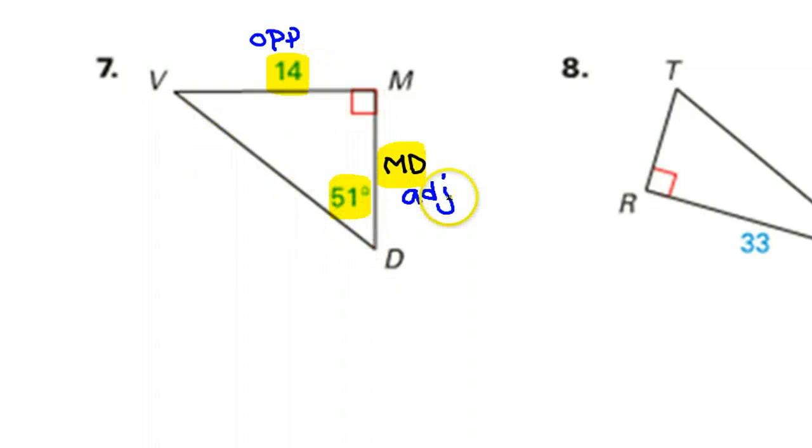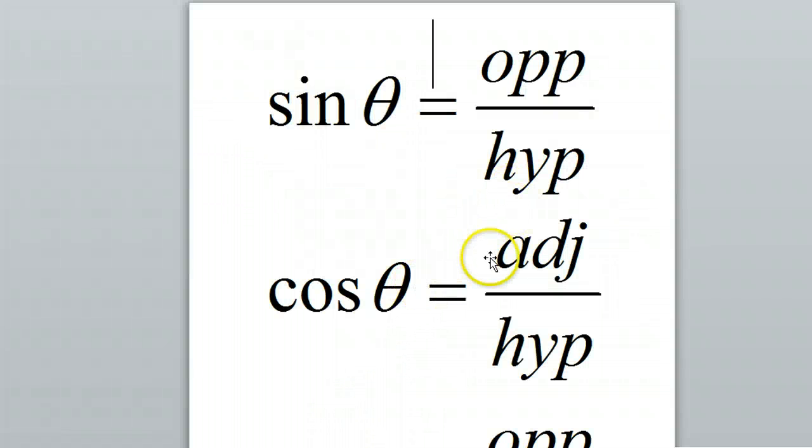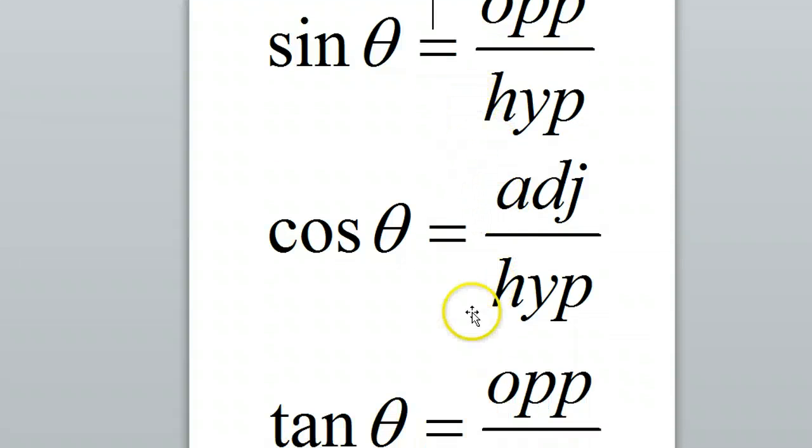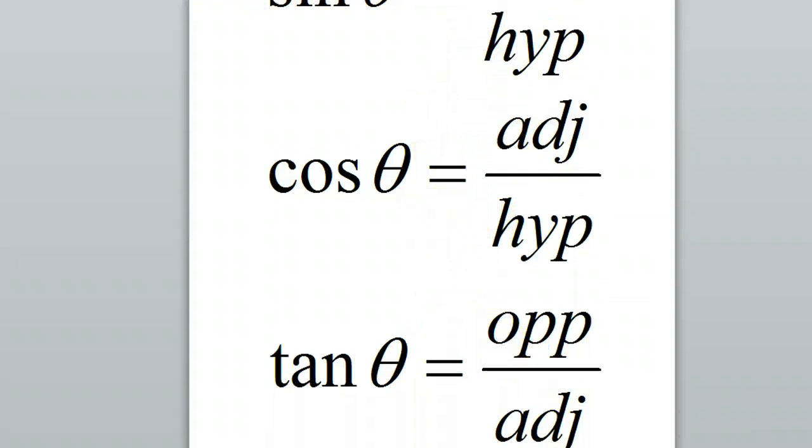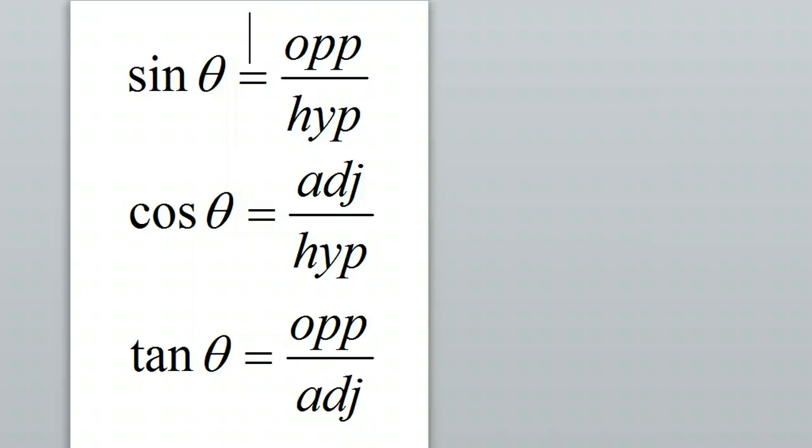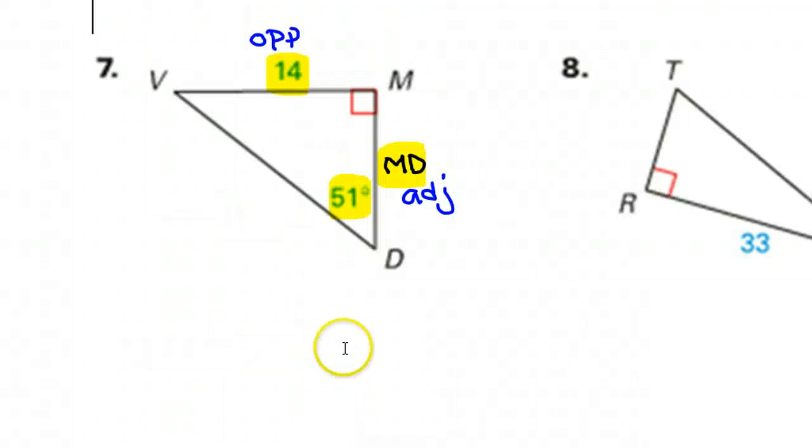So opposite and adjacent. Now, which trig function is that? Well, that is our tangent function. Our tangent function is opposite over adjacent. So that's the one we're going to use.